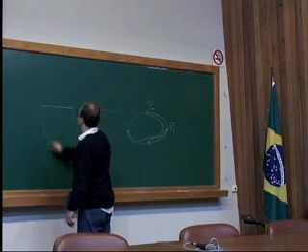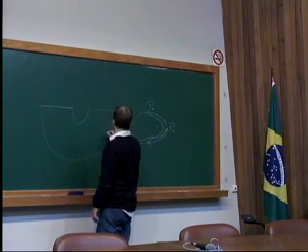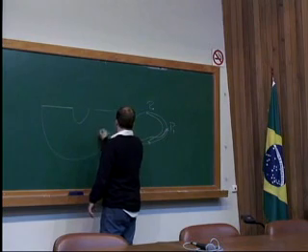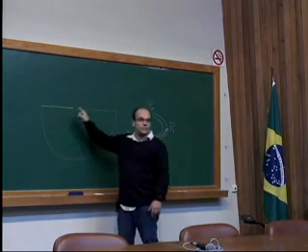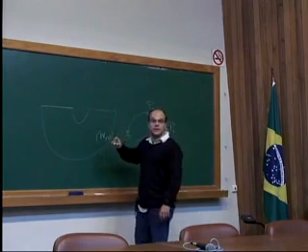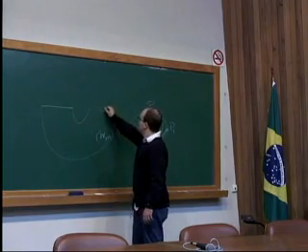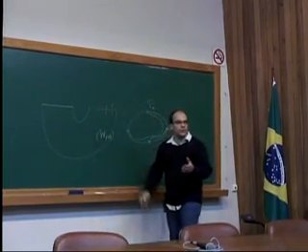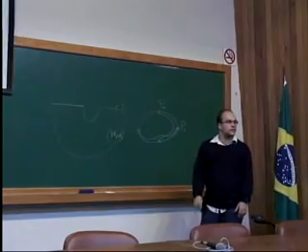So here's the symplectic manifold. These are components of the boundary. They have positive contact type, so the Liouville vector field points outwards on all components.